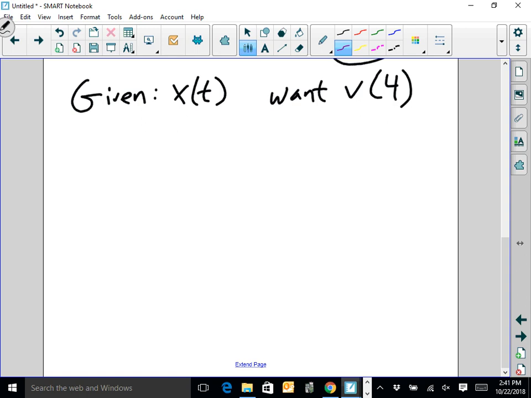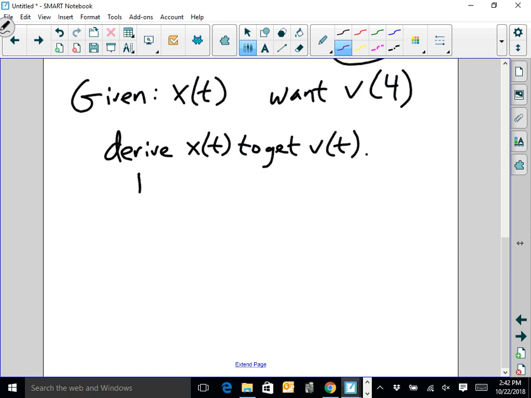So we need to derive x of t to get v of t. Then plug in 4 for t. Okay. I'm just going to go through a lot of these scenarios.